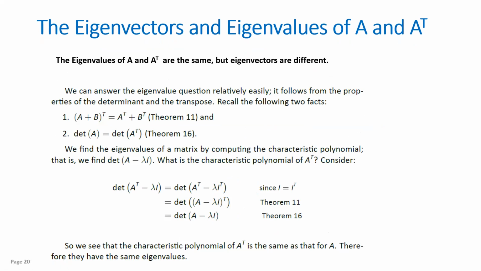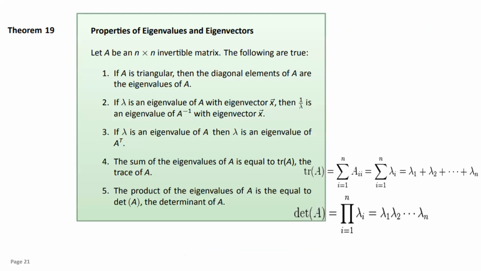Whenever we come across A and A transpose, the eigenvalues will be the same, but the eigenvectors will be different.